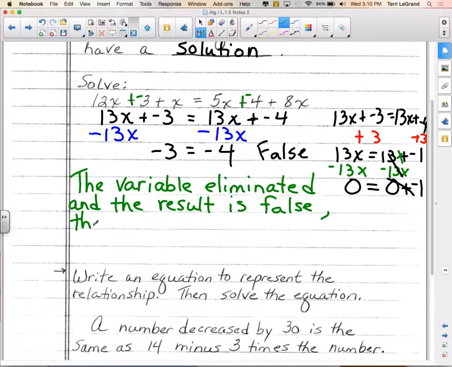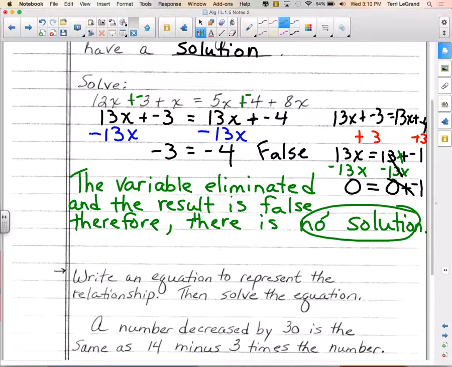Therefore, what are we going to say? We have to say something about its solution. Yeah, therefore, there is no solution. Our solution is no solution this time.